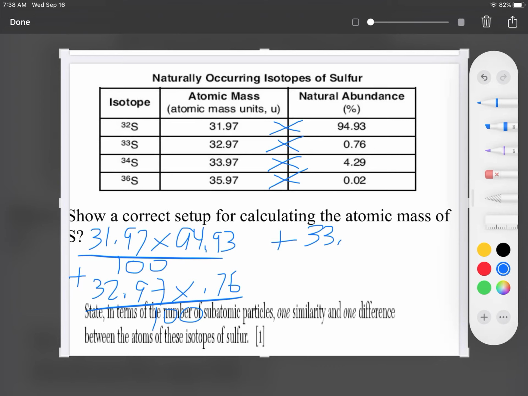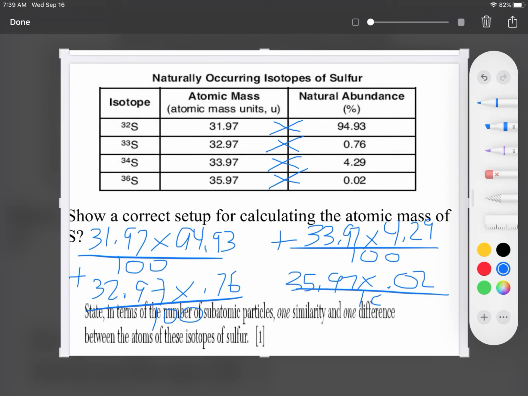That's the next one down. Times 4.29 over 100, plus 35.97 times 0.02 over 100. Very good. That's it.